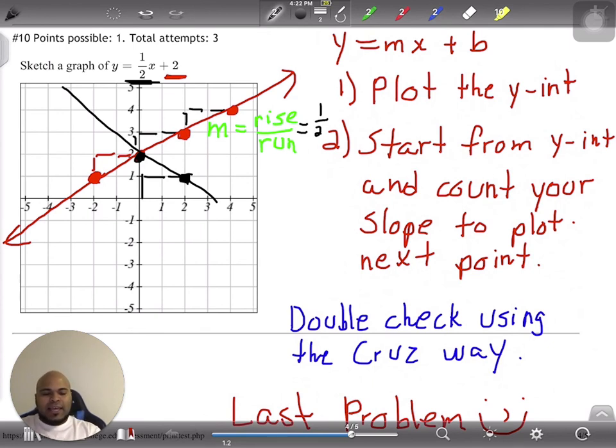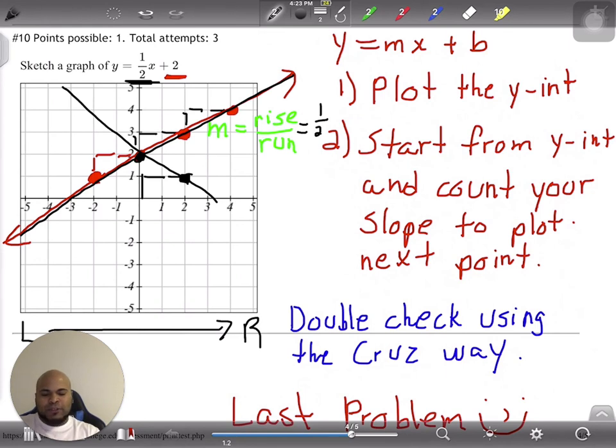And what's worse, there's a negative slope. So that's why at the bottom I said double check. The red line, which is the correct line, has a positive slope. If I move from left to right, I'm going to go up on this line. It's very important that you move from left to right, because if you move from right to left, that's going to go down.